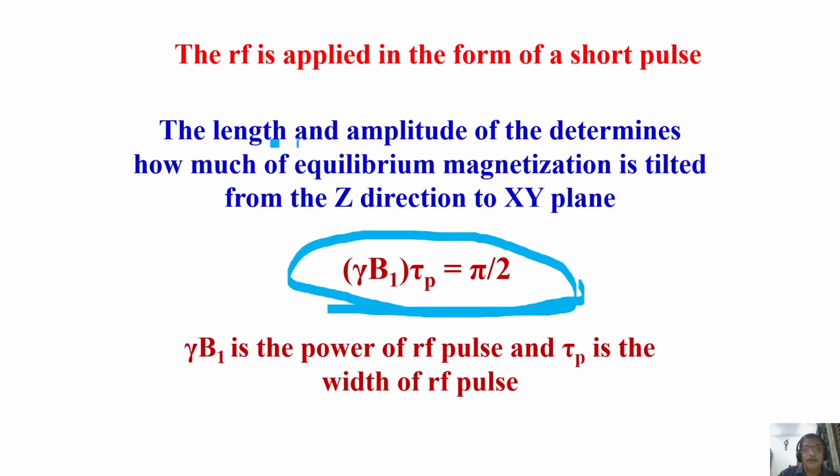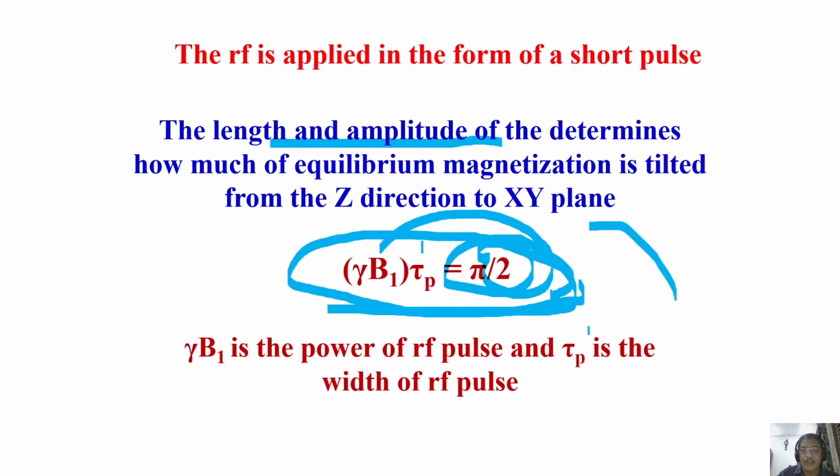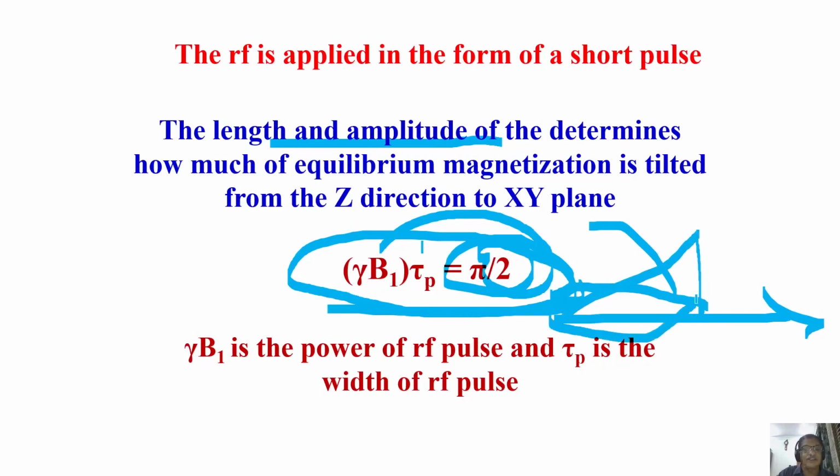The length and amplitude of the RF pulse, that is power and width, define how much of the equilibrium magnetization is tilted from the Z axis to the XY plane, whether it is tilted completely or not. If it is tilted completely, the entire magnetization is along this axis. If it is tilted 45 degrees, you have to resolve it into components, and then only this much magnetization is tilted.